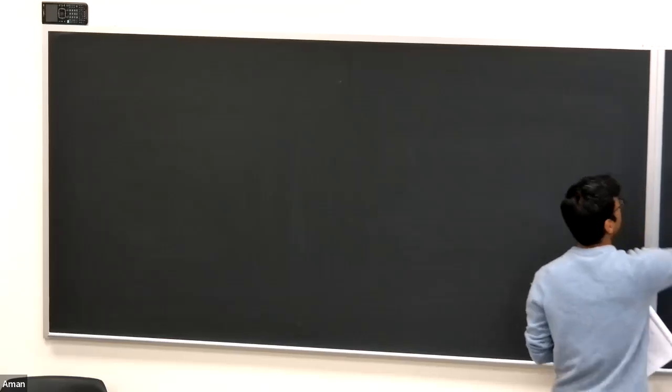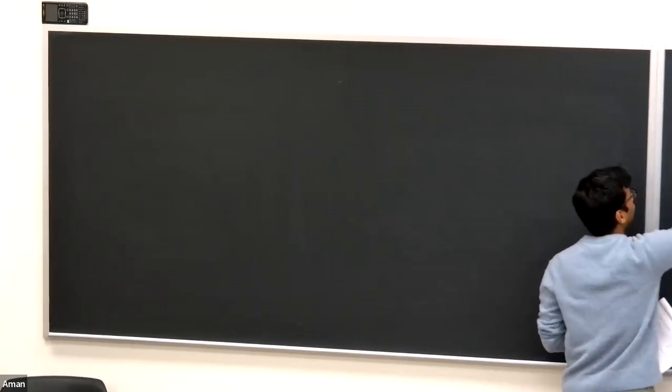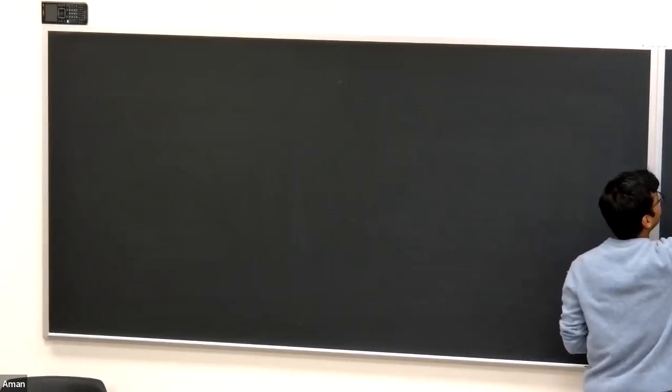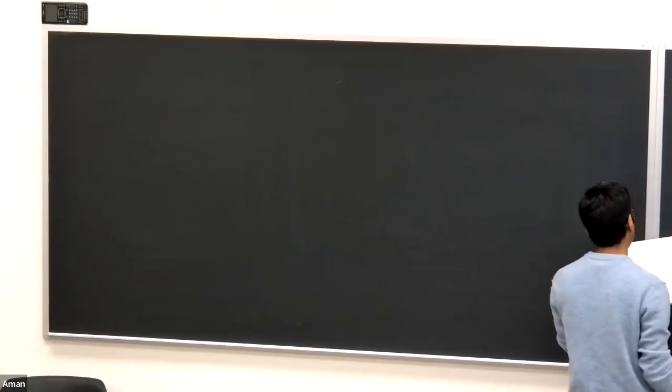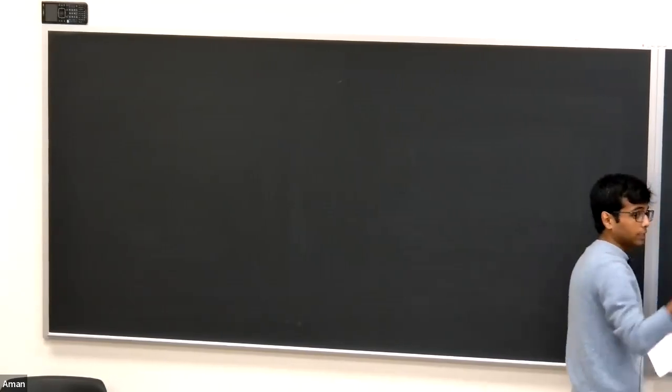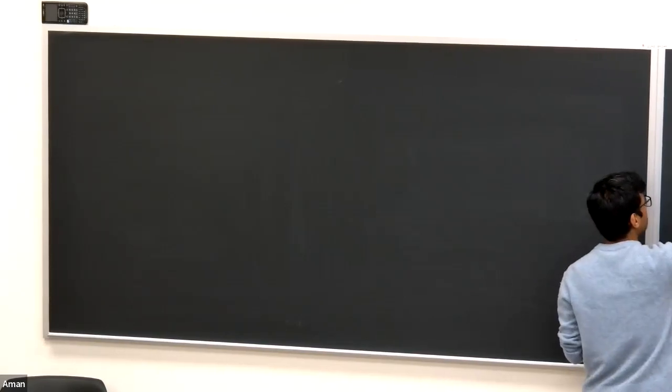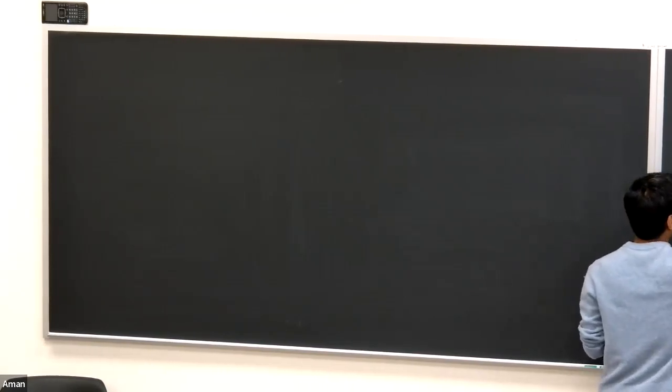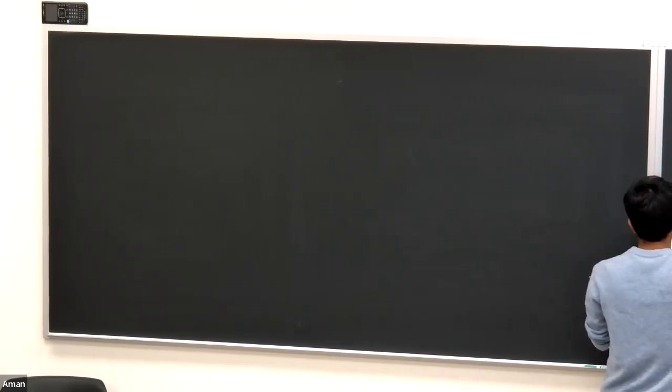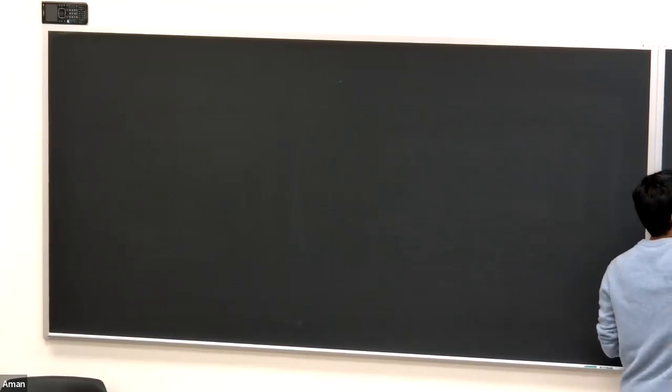All right, so first some notation. What are graph neural networks, right? Let's define what a graph is. A graph is made up of two things. The first is edges, which represent relationships.